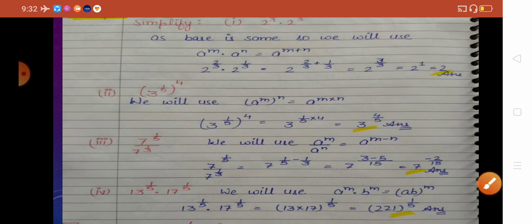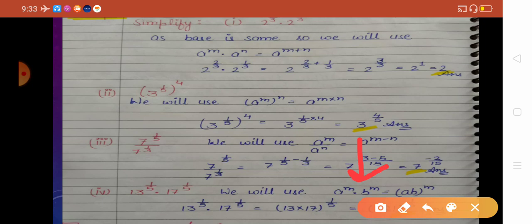Clear? The last example is 13 raised to power 1 by 5 into 17 raised to power 1 by 5. Here the base is different but the exponent is the same. So the law of exponents that should be used here is a raised to power m multiplied by b raised to power m. What will we do? We will multiply the bases first and then write the power.